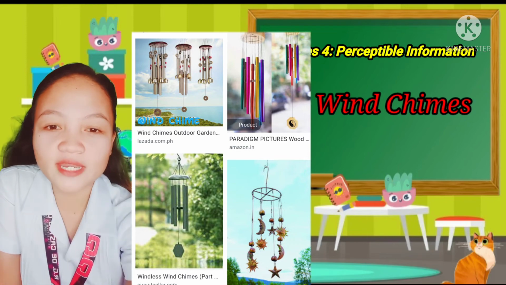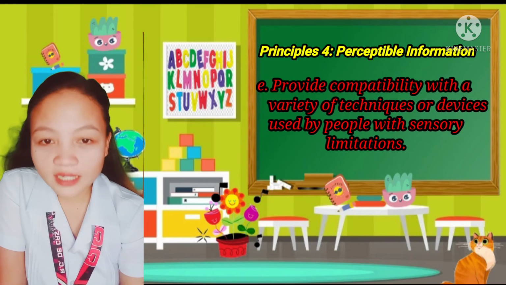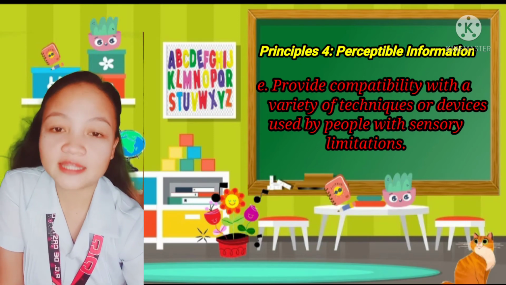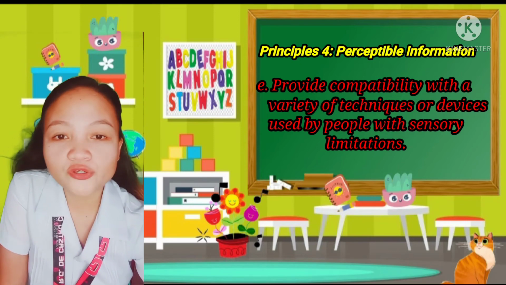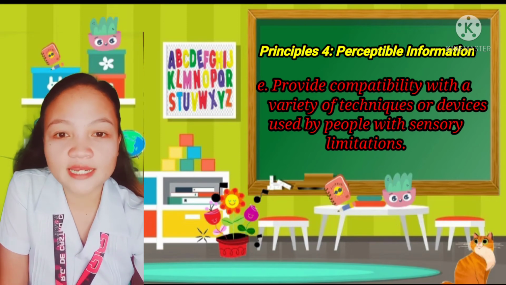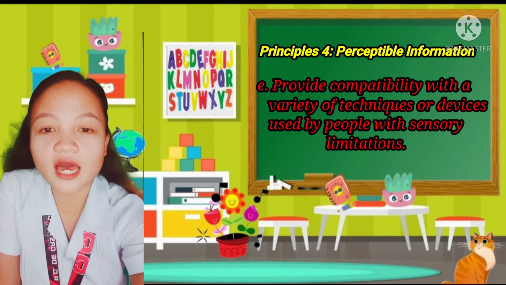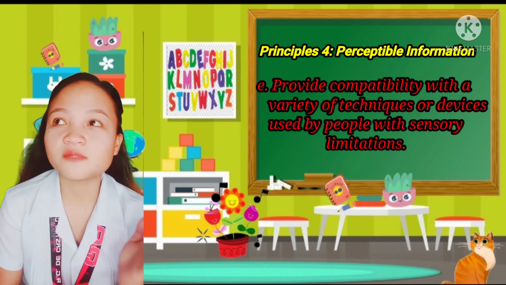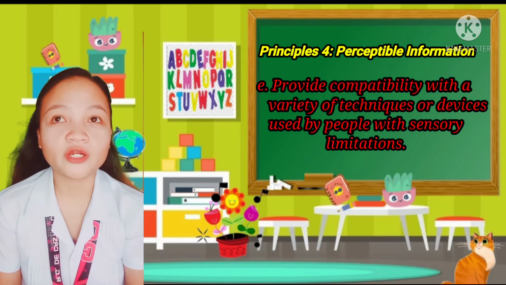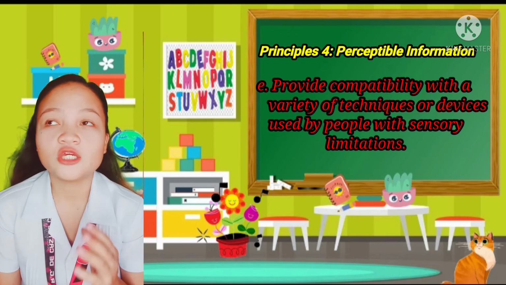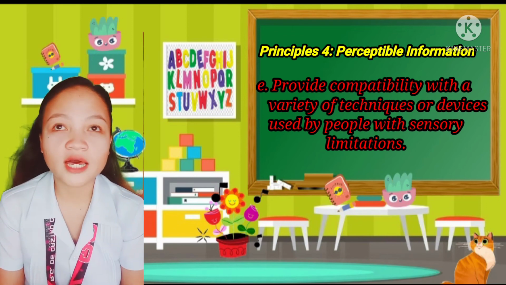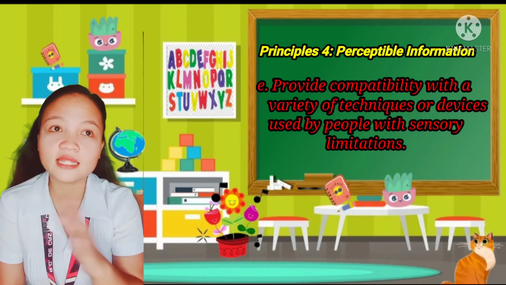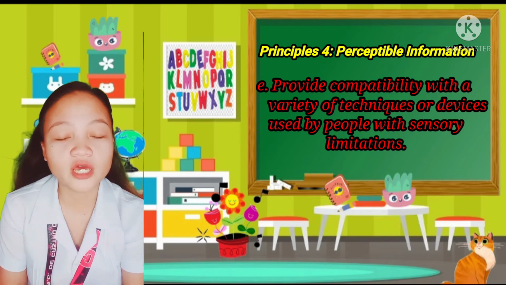So the next one is provide compatibility with a variety of techniques or devices used by people with sensory limitations. We have here the QR code. So this is very helpful, the QR code, for you to easily know the information you want to know. Kasi kahit saang lugar na meron ng QR code.